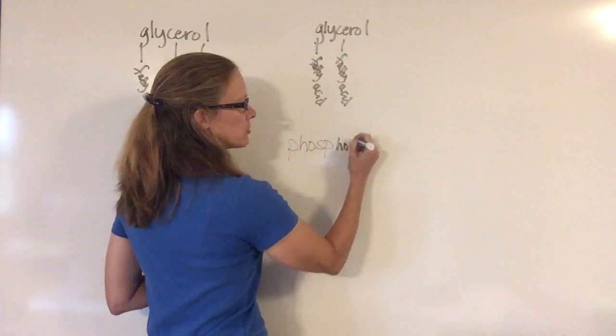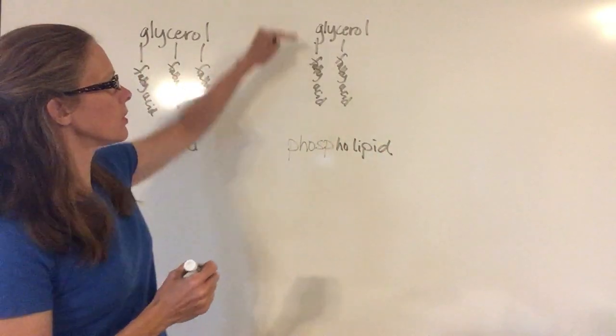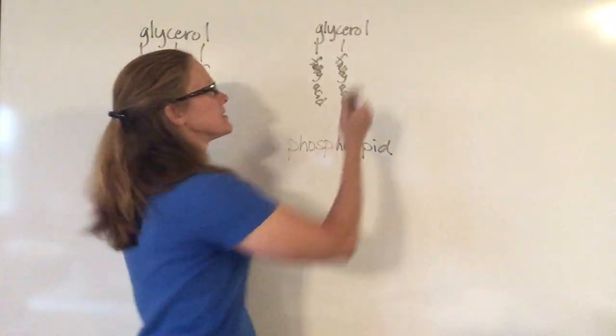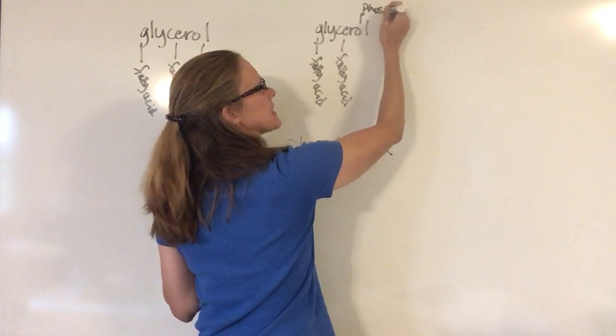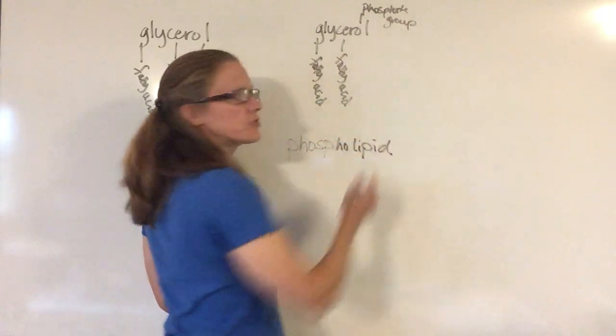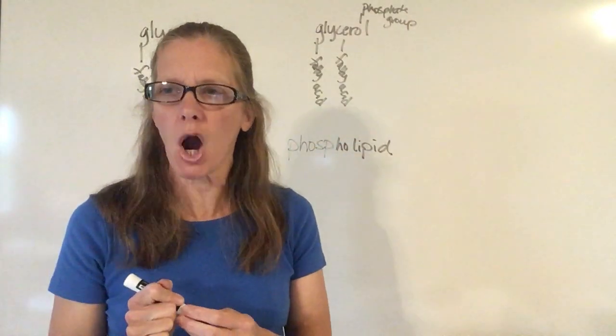And a phospholipid has the same basic structure where it has a glycerol, but it only has 2 fatty acids, and in place of that 3rd fatty acid, it actually has a phosphate group up here. And that phosphate group is important because it has a negative charge on it.